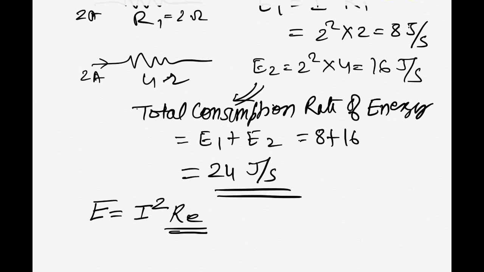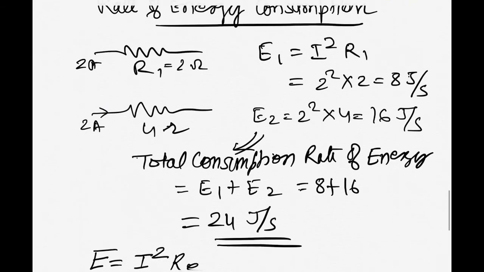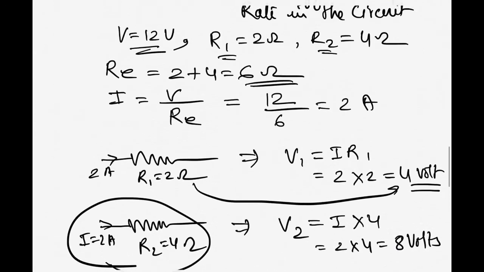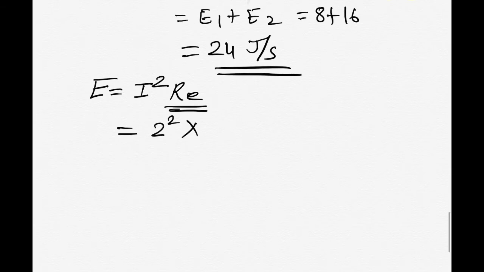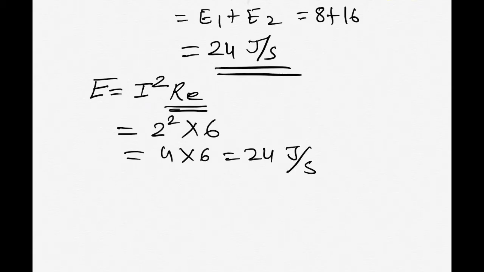This RE is the equivalent resistance of the circuit, which we calculated as 6 ohm. Here the current I is 2 ampere, so 2 square, so this becomes 4 into 6, that is 24 joules per second.